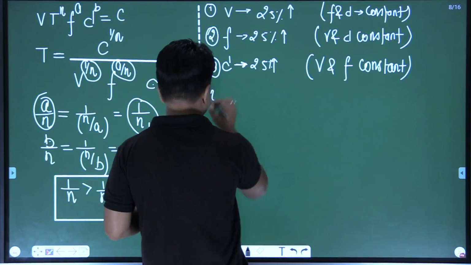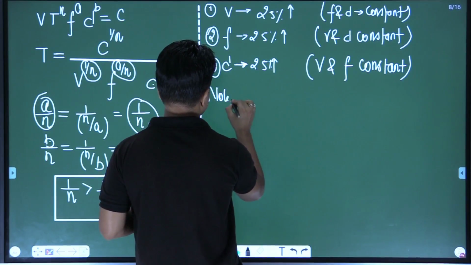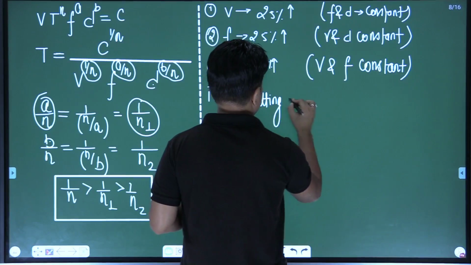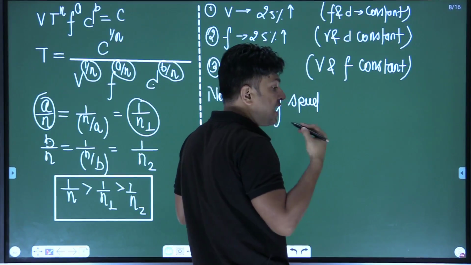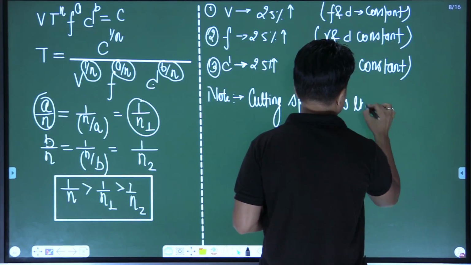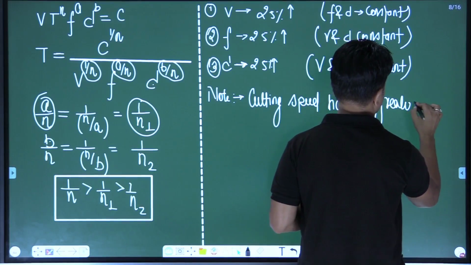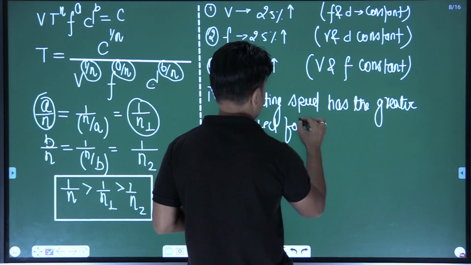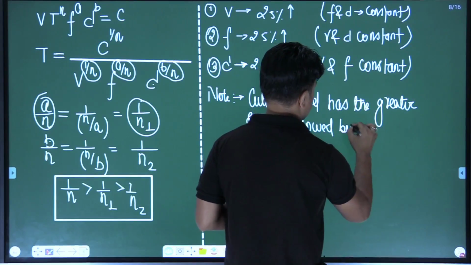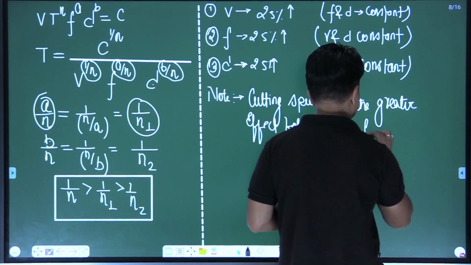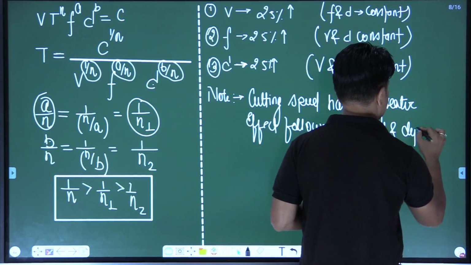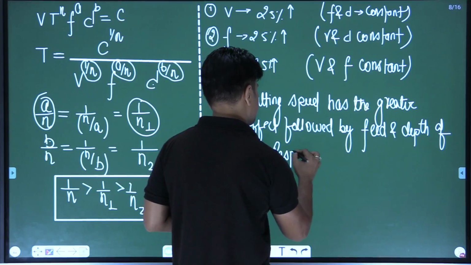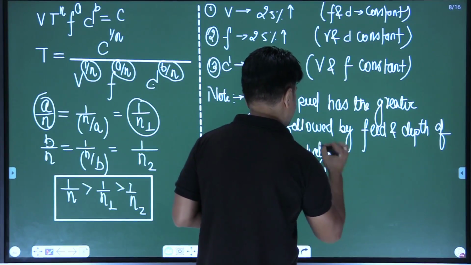So that's why I am writing here a note, and this note is very useful and important: cutting speed has the greater effect, followed by feed and depth of cut, respectively.